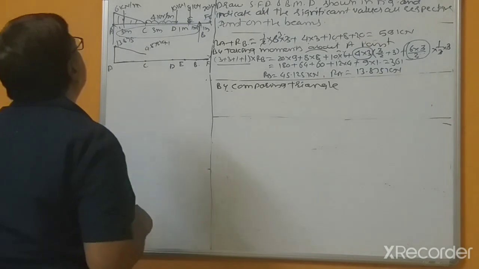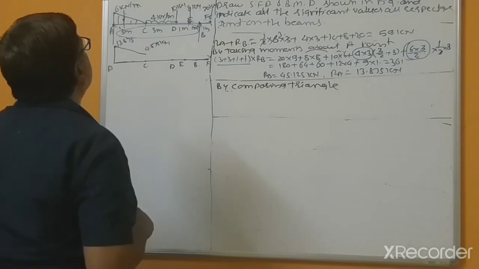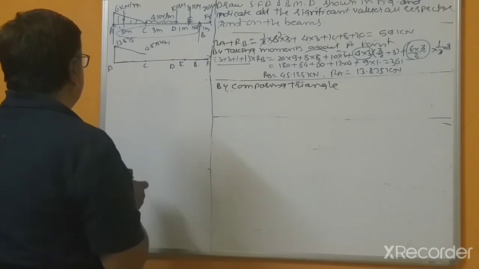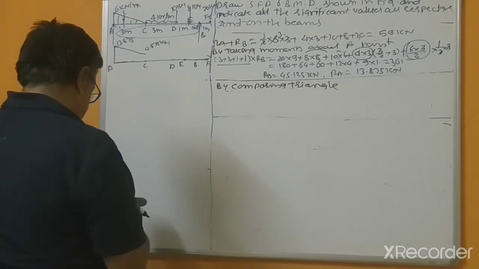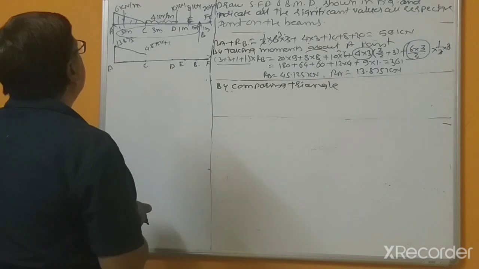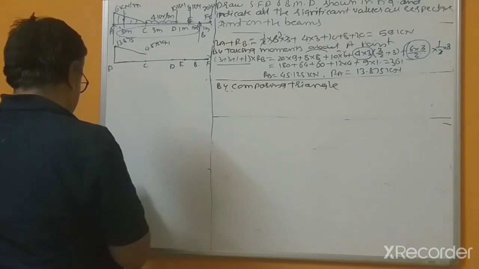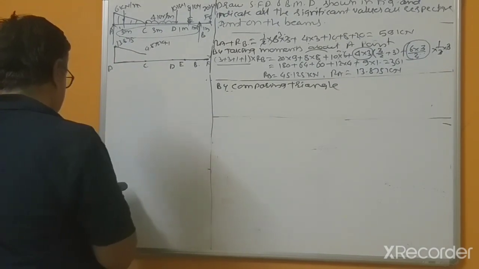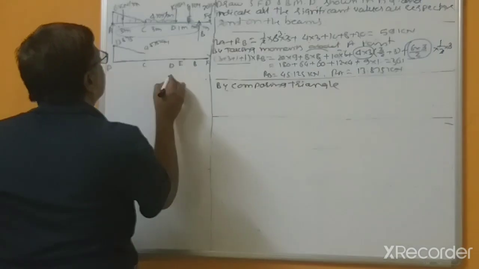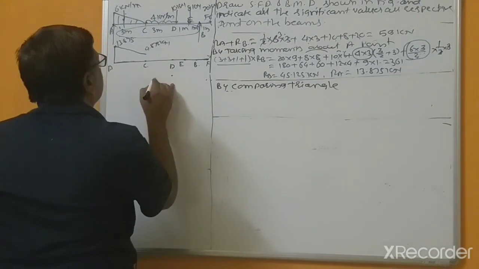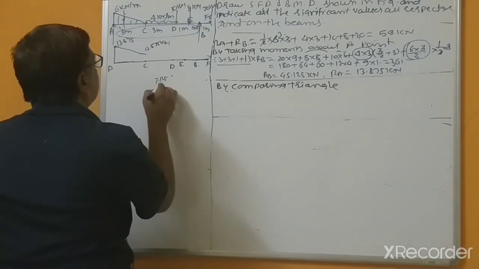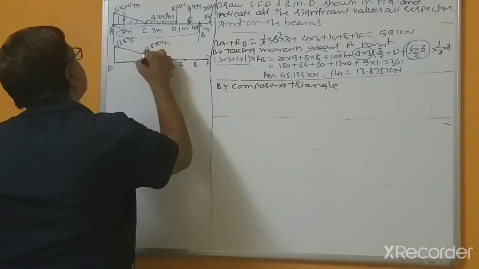Now 4 kilonewton multiplied by 3, 4.875 minus 12, 7.125 kilonewton.